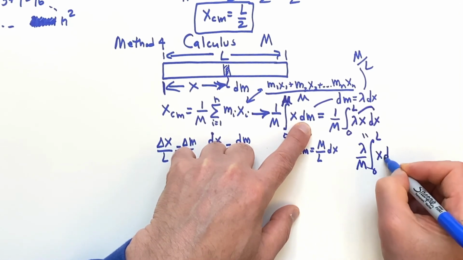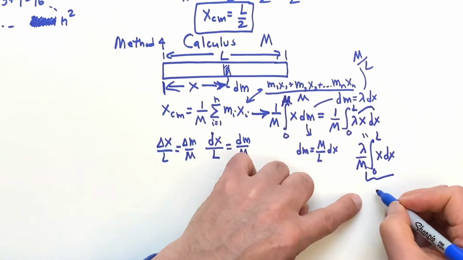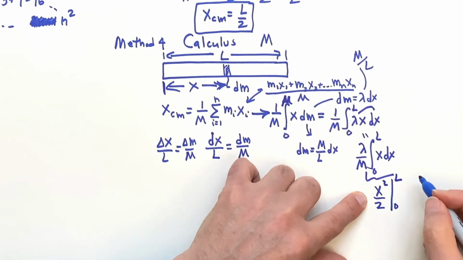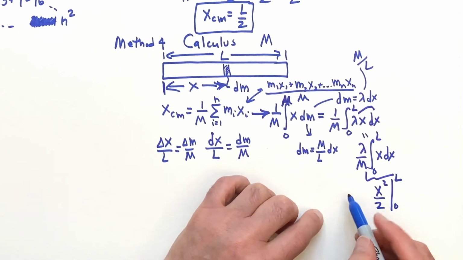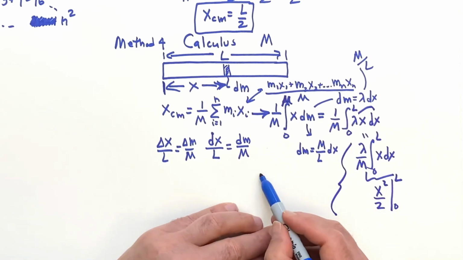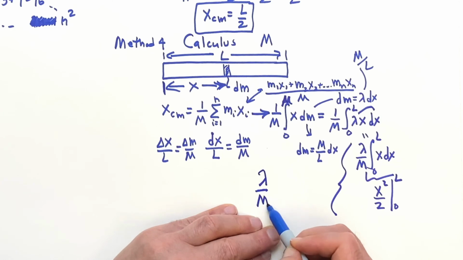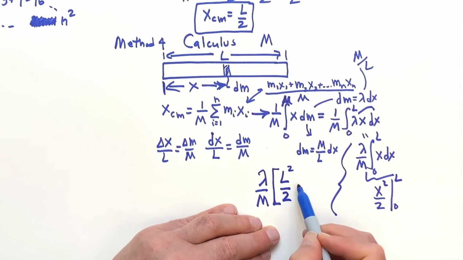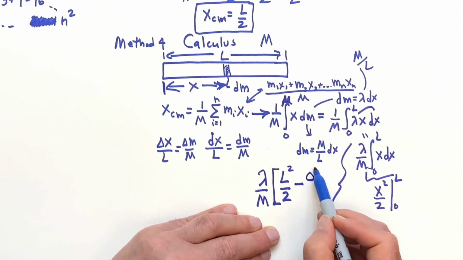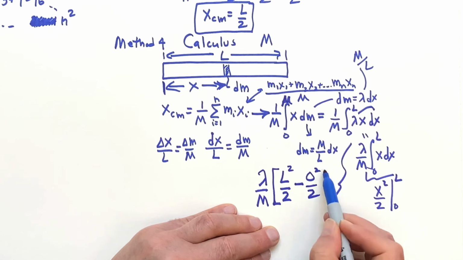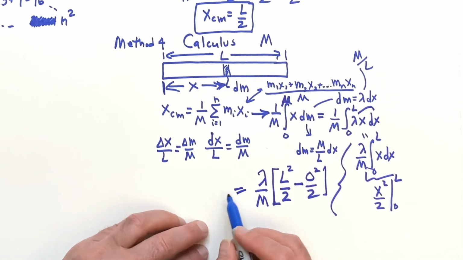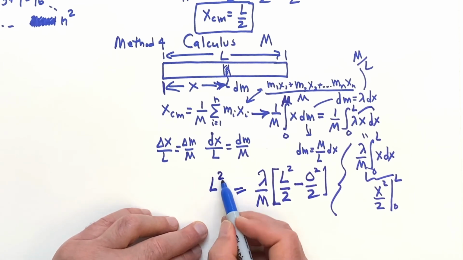from 0 to L x dx, and this integral is x squared over 2, going from 0 to L. This is lambda over M. You would have here L squared over 2, you put the top limit in, and then you would subtract the one with the lower limit, and that would get you L squared over 2.